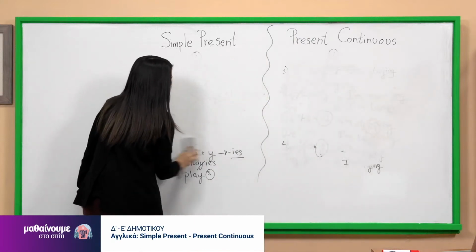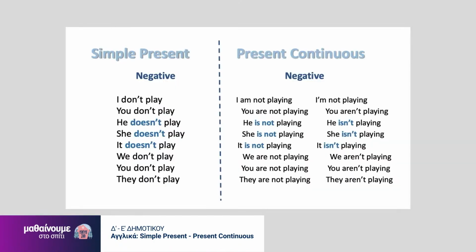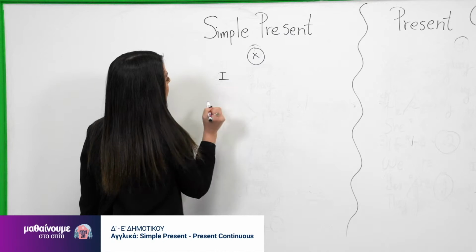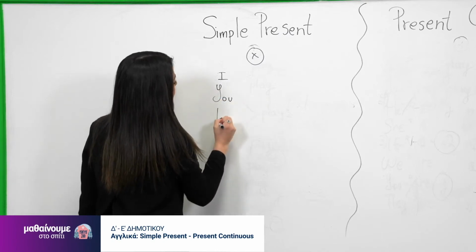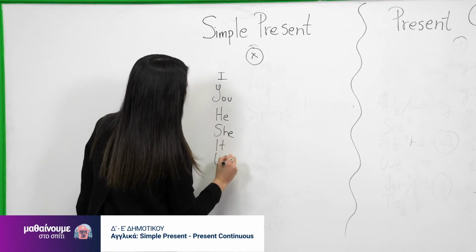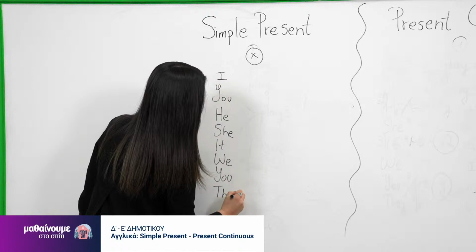How do we form the negative of both of these tenses? It's much easier and you don't need to learn a lot of things. So in simple present, how do we form the negative, the negation? So let's write here negative. Okay, we take again I, you, he, she, it, we, you and they.